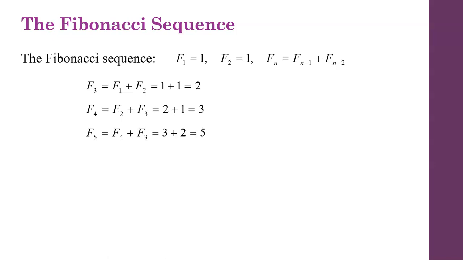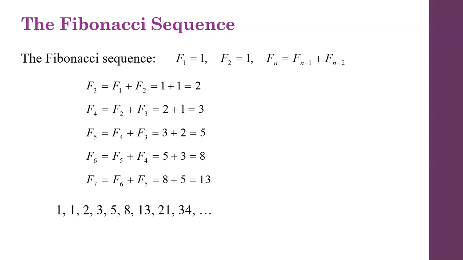And then one after that would be 5 plus 3, which is 8. And 8 plus 5 is 13. So in general, this is what the Fibonacci sequence is going to look like. 1, 1, 2, 3, 5, 8, 13, 21, 34. The term after that would require me to add 21 and 34 together, and that would give me 55.